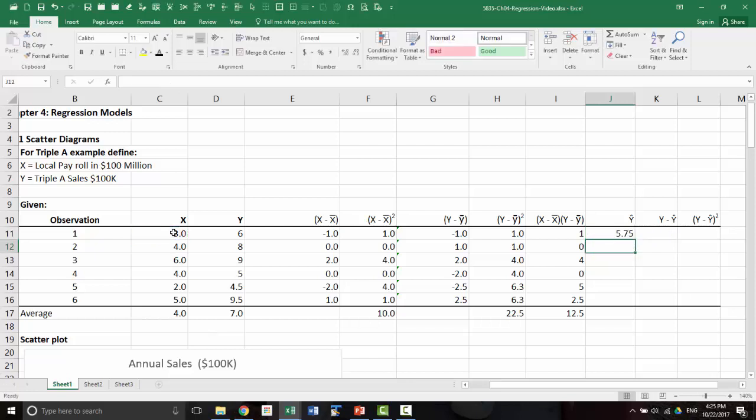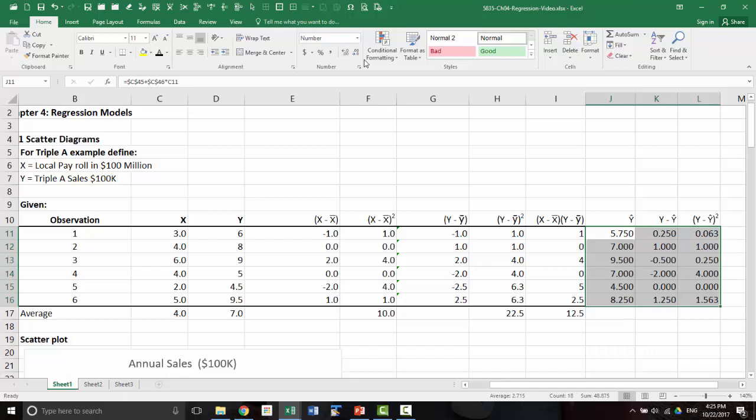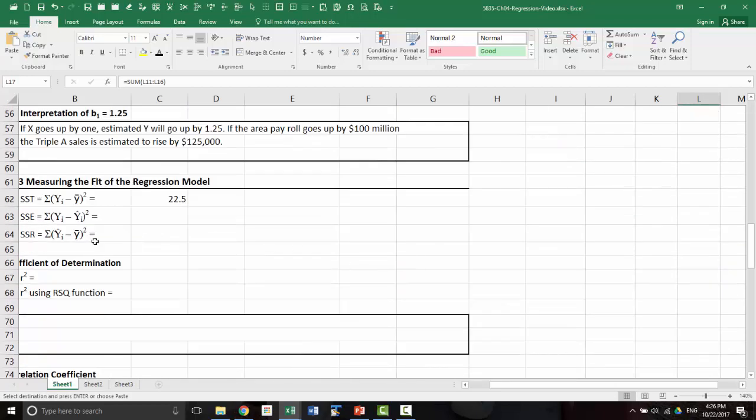That will give us y hat, and then we do y minus y hat and square that. That would be our error, y minus y hat squared. Copy that down. Let's have the same number of decimal places. Put the border back and sum that here. So that would be our error.